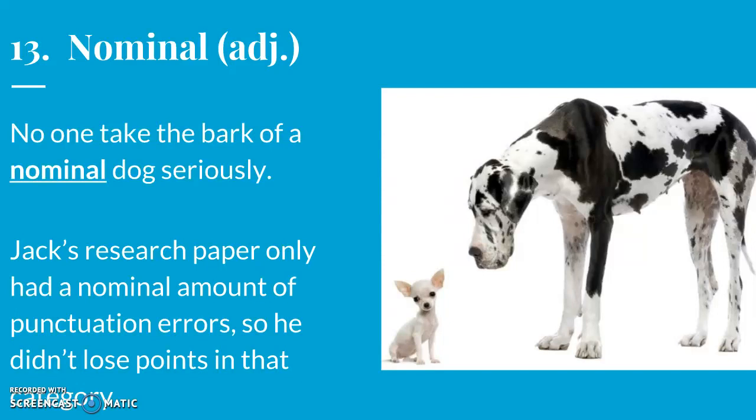So for the first sentence that connects to the picture, no one takes the bark of a nominal dog seriously. So in that sentence, we're saying that the Chihuahua in the picture is nominal because of his small size. And in the other sentence, Jack's research paper only had a nominal amount of punctuation errors, so he didn't lose points in that category. So that would be where they have a small amount of errors, so it wasn't really a big deal.